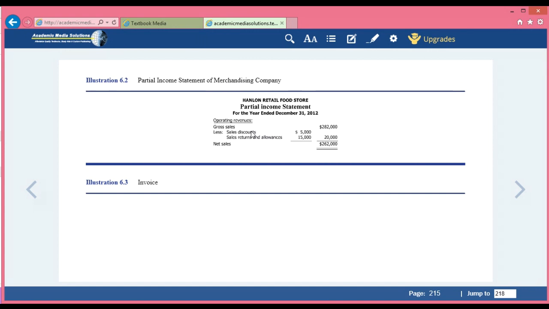So these are both contra accounts, like accumulated depreciation was a contra asset account. Remember how it stayed with depreciation on the balance sheet? These are contra revenue accounts, and they stay with the sales account when you're showing them on an income statement, or at least the ones in this book.